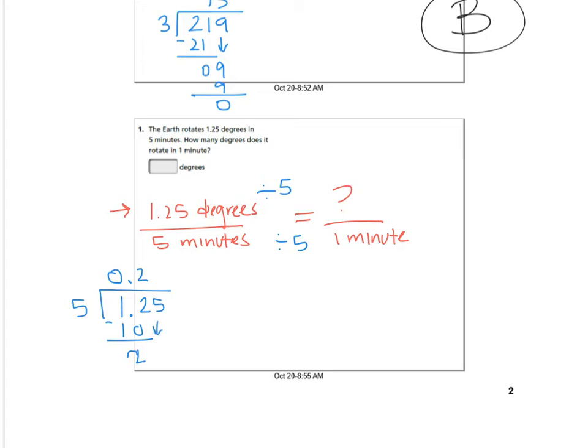Now you have to bring down your 5, and that's 25 now. 5 goes into 25 5 times. And 5 times 5 is 25, which when you subtract, you get 0. So we know now that it's 0.25 degrees every 1 minute.